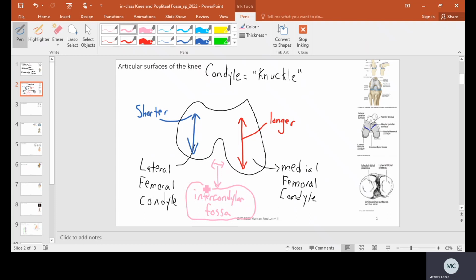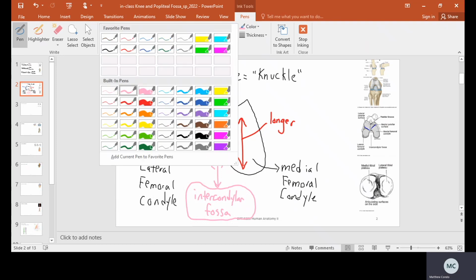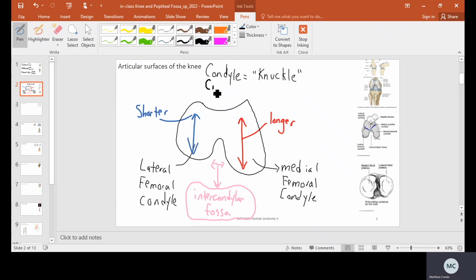So crus or crux means cross. So literally my ACL, or my anterior cruciate ligament, is the one that crosses in front. It's the anterior crossing ligament. The posterior cruciate ligament is the one that crosses in back. It's the back crossing ligament. They say what they are, and they are what they say.